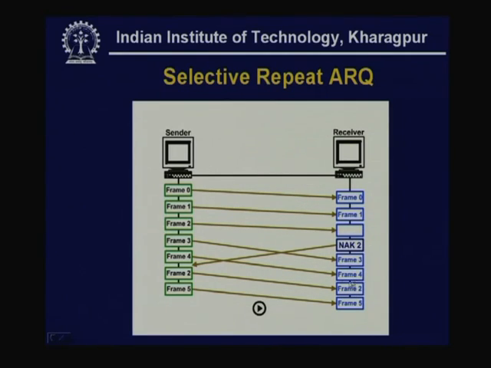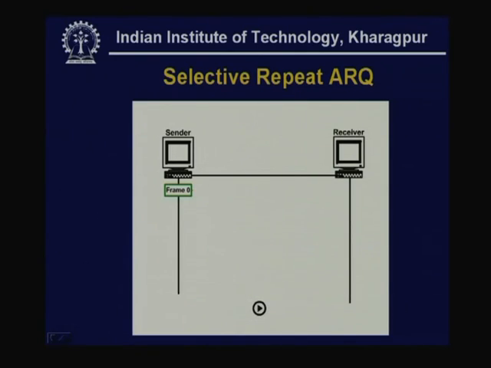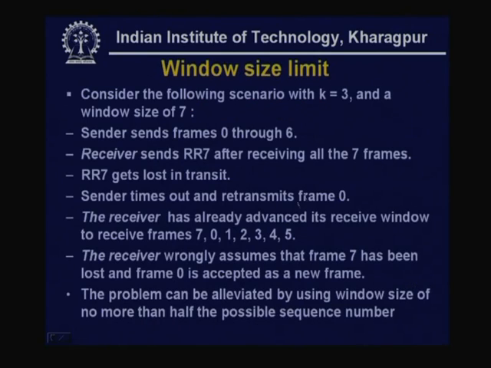And also it must have a little more processing capability. So, we find that in case of selective repeat, with the help of more powerful processor capability and also a larger number of buffers at the receiving end, the efficiency can be improved. And also it will require some limit on the window size.